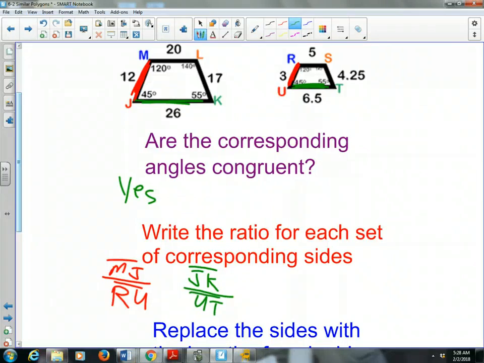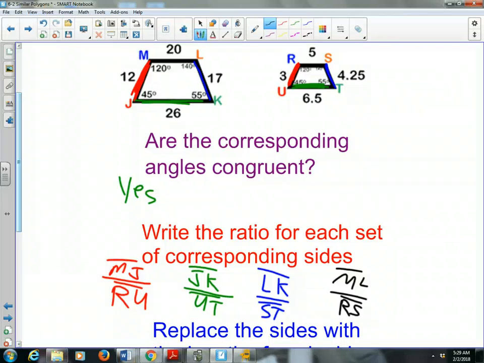Now I'm going to have LK as my third segment, and that segment corresponds to ST. And then the last one that I'm missing is ML. That segment corresponds to RS. So I have written the ratio for each set of corresponding sides.